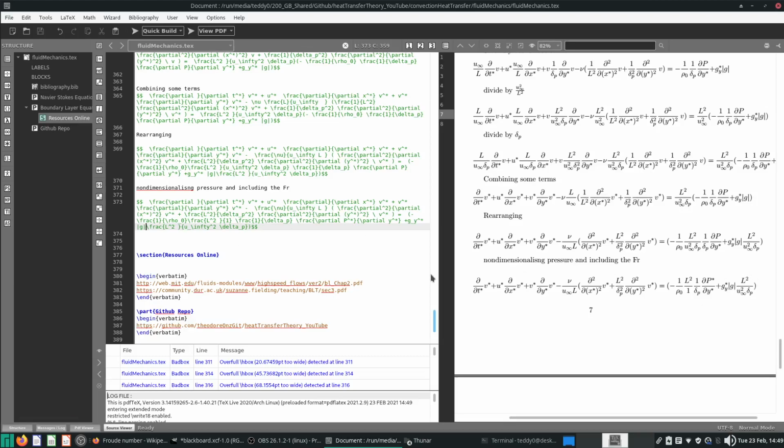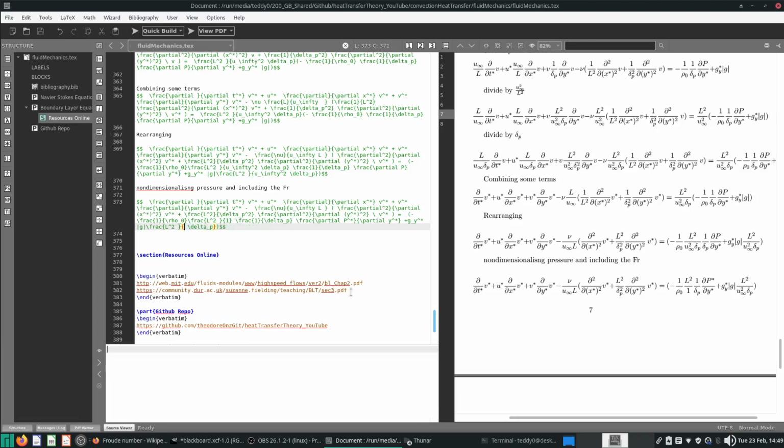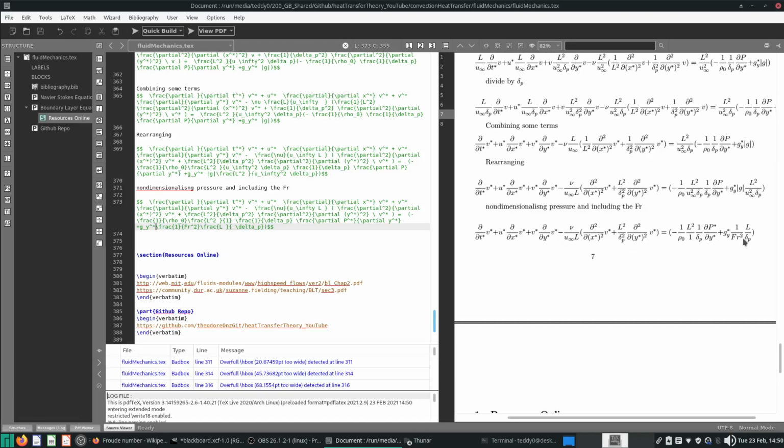So over here we have this Froude number squared at the bottom and L over delta P. So the U infinity at the bottom disappears. You have L over delta P, and I'll just have 1 over the square of the Froude number. Okay, this will become the Froude number and L over delta P.